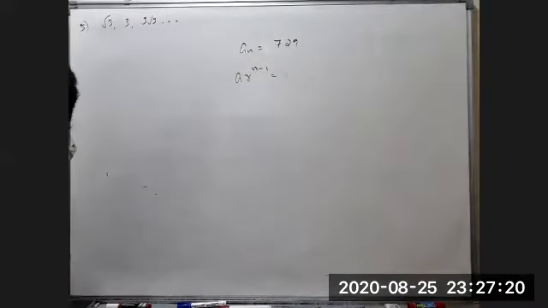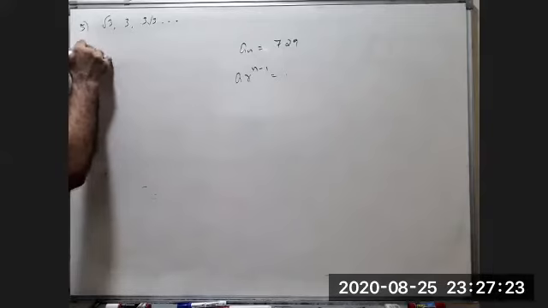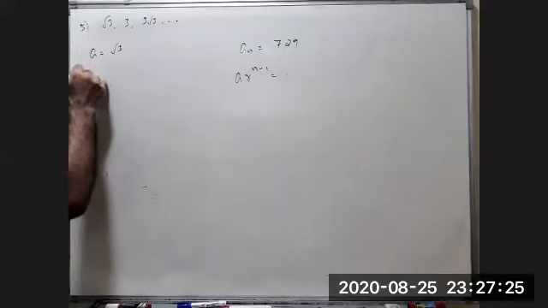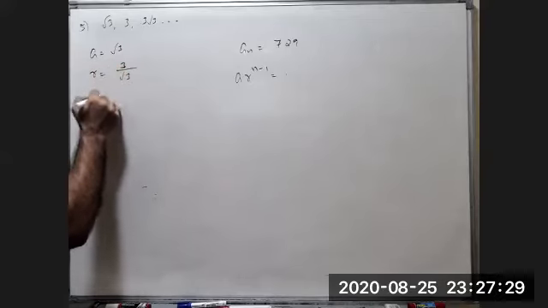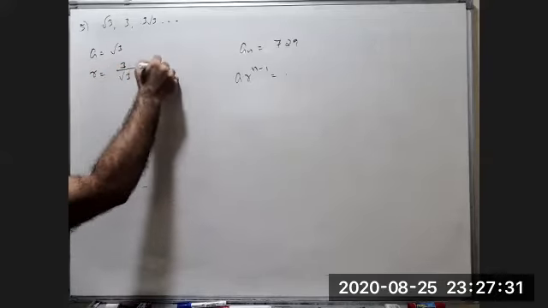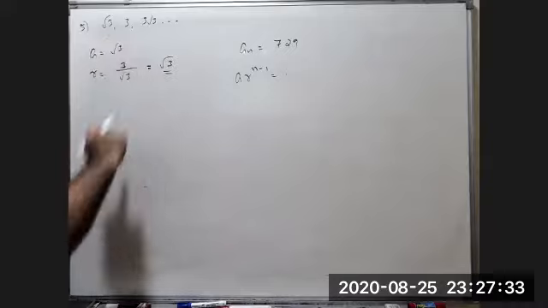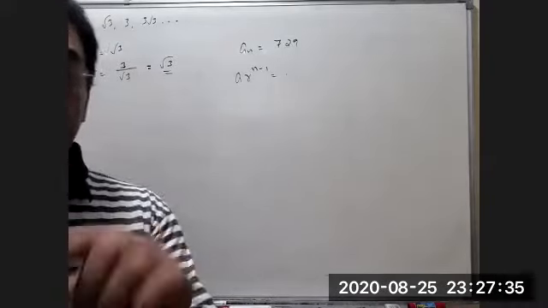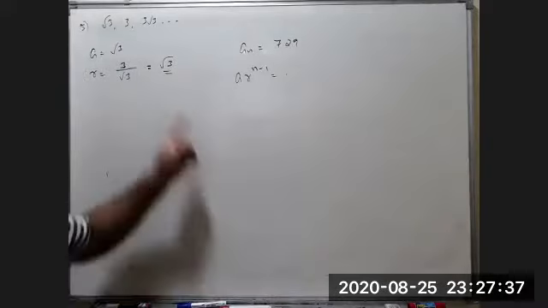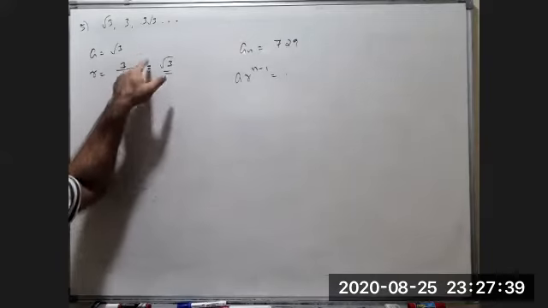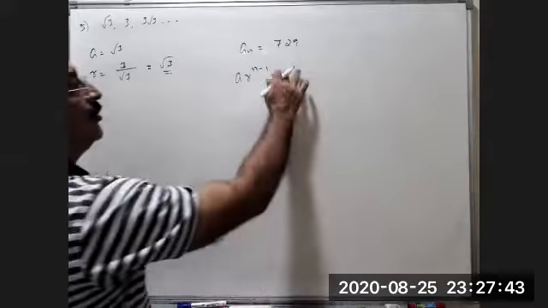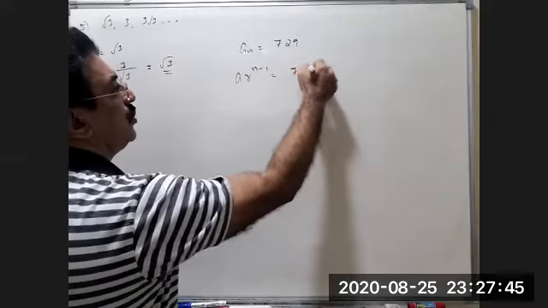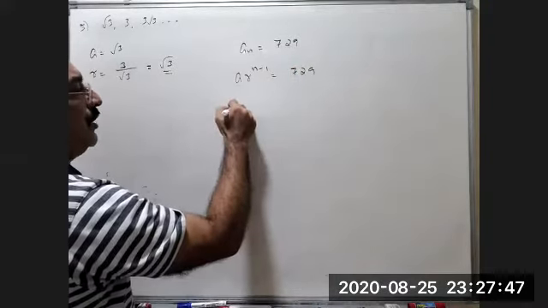Again, what is A? A, the first term, is root 3. R is 3 by root 3, which can be simplified. This is root 3, because 3 can be written as root 3 into root 3. So one root 3 cancels, and what is left is root 3. So R is root 3, and the term is 729. A is root 3.